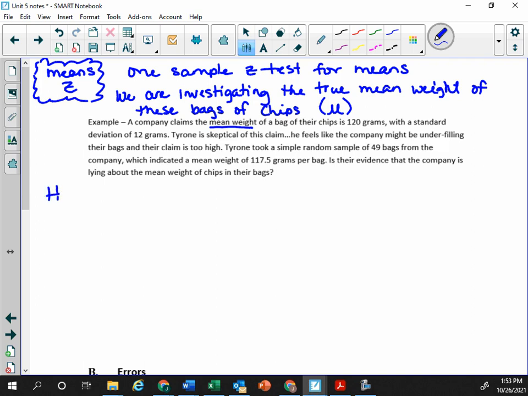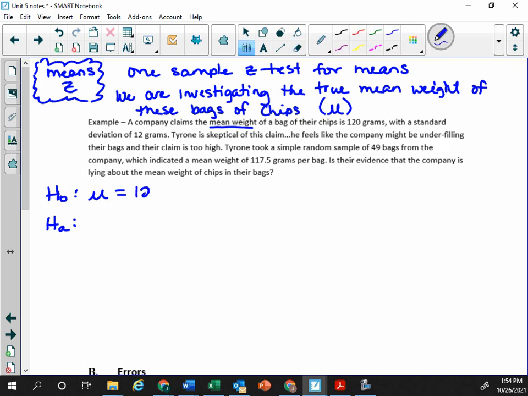All right, we're going to write our null and our alternative. Okay, we know the null will have mu equals in it, right? What is this company claiming that mu equals? Yep, I'm going to say mu equals 120.